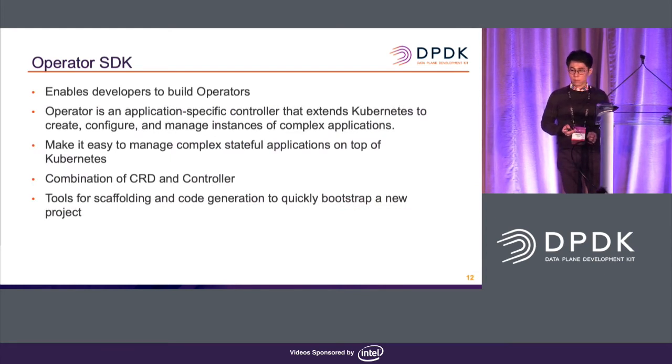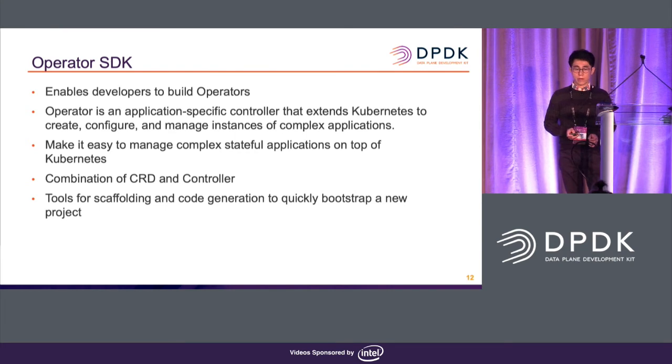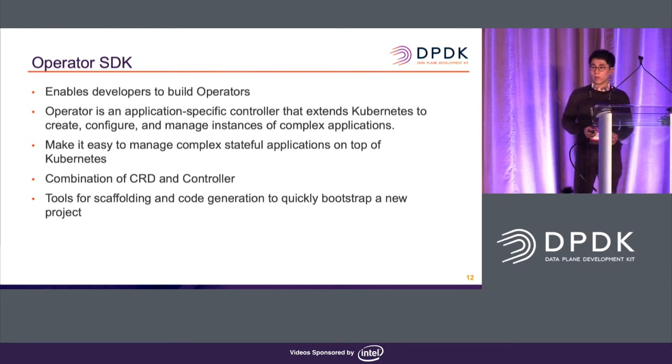So to define the very customized mechanism on the Kubernetes environment, we have used Operator SDK. Operator SDK is a framework to enable developers to build operators. And an operator is an application-specific controller that extends Kubernetes to create, configure, and manage instances of complex applications such as SPP.